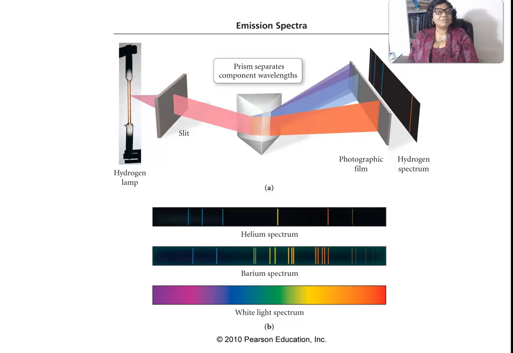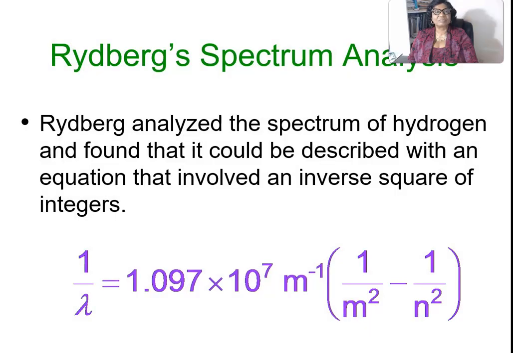So let's analyze these spectra a little bit more. Rydberg analyzed the spectrum of hydrogen and found that it could be described with an equation that involves inverse square of integers. That's what he realized.